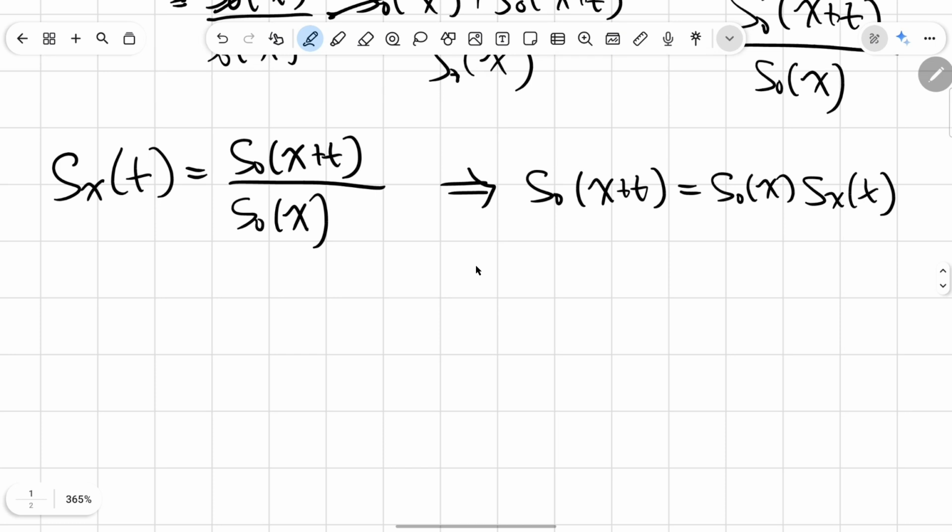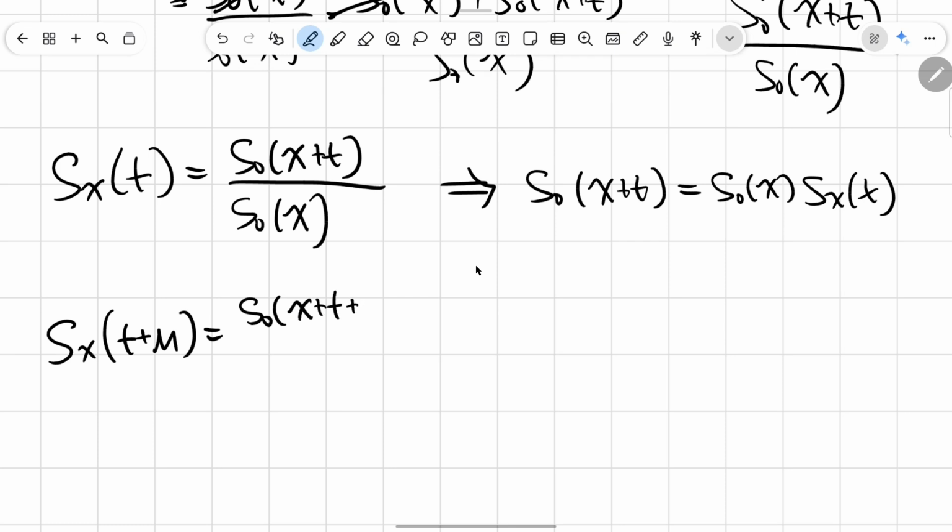Okay, now to generalize this better, let's write Sx of t plus u. So this will just be S0 of x plus t plus u all over S0 of x. This is still the same, we just added more years. So it becomes this equation.